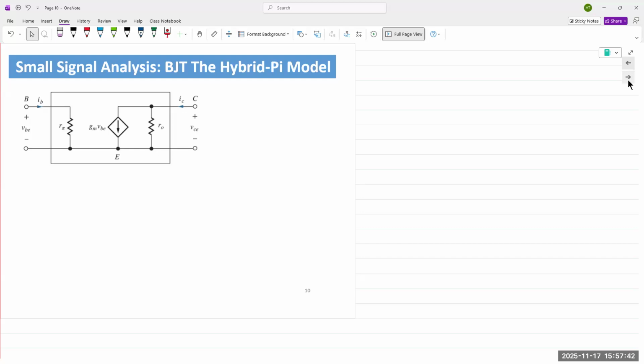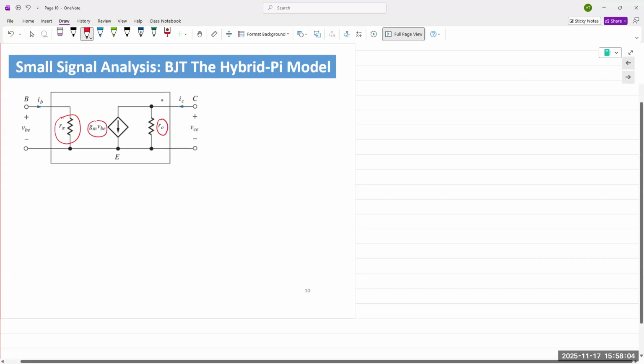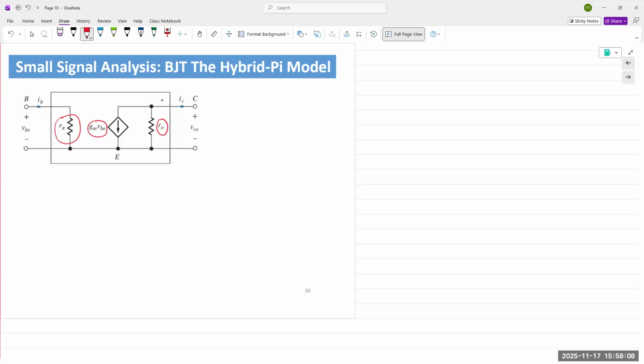Okay, this is known as R pi. So you see that right here on the input side. And the output remains the same. We have output resistance, RO, and we have current source GM times VBE.